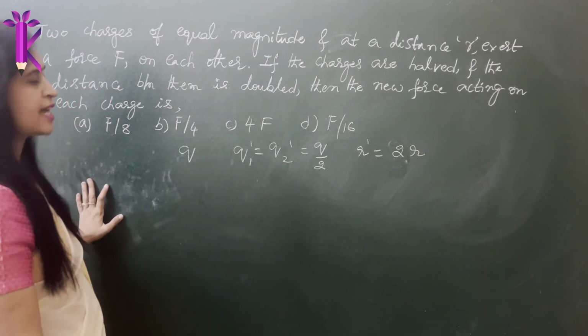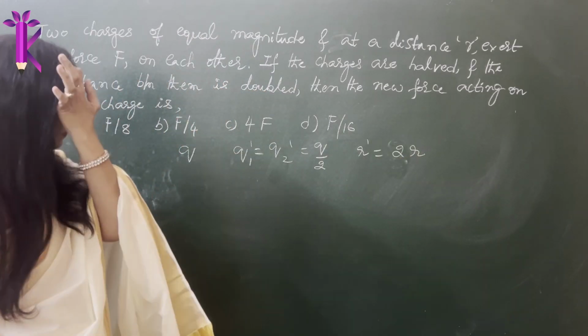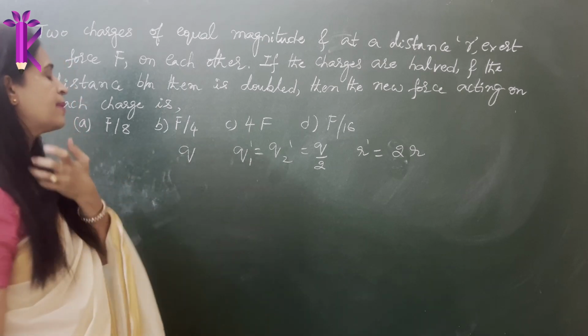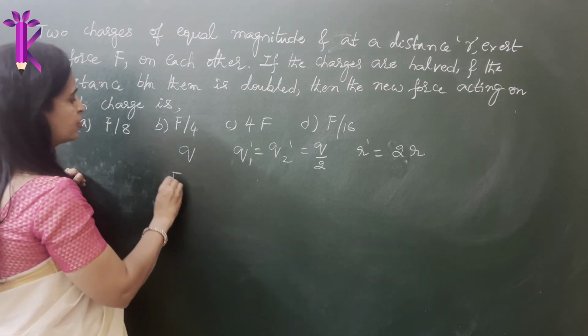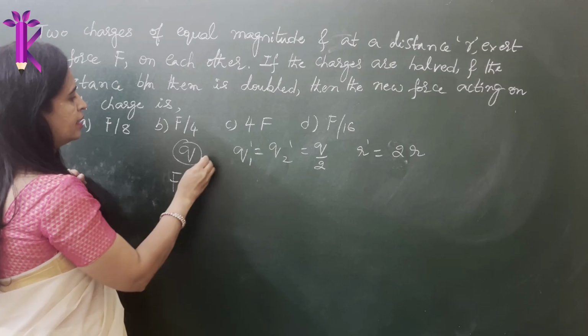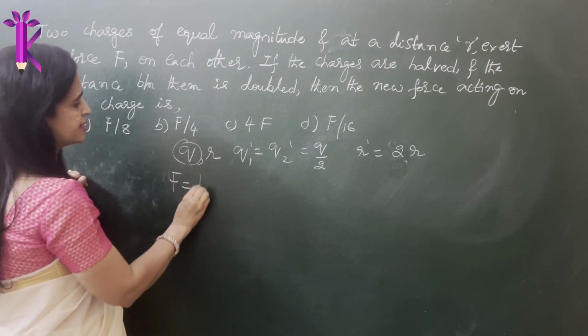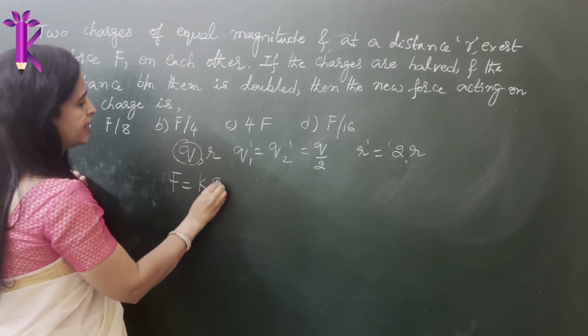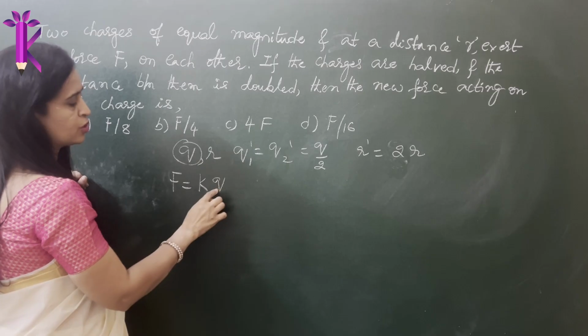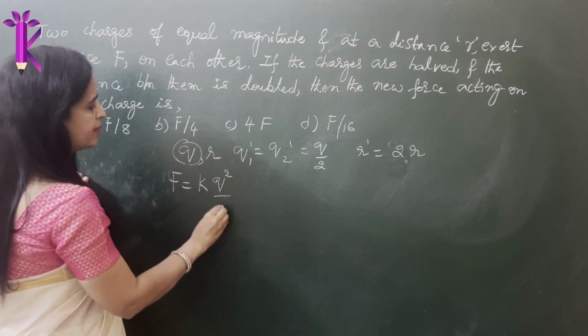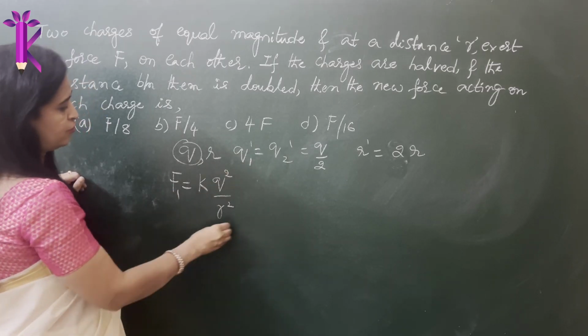So what is the new force acting on the charge? The ratios are given. It's very beautiful mathematics. Let's do it. Let's write the Coulombian force of attraction for the earlier charge Q and the distance of separation R. Since both the charges are Q, Q into Q will be Q square divided by R square. So this is your initial force.